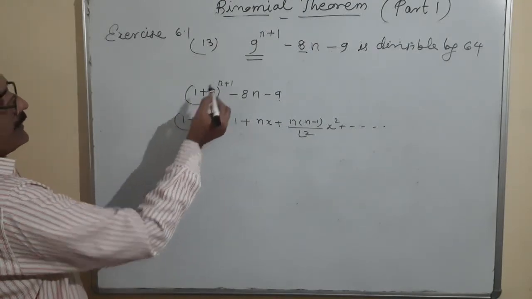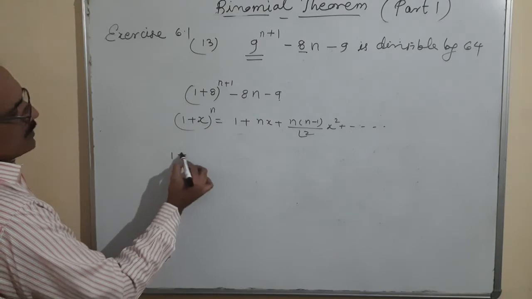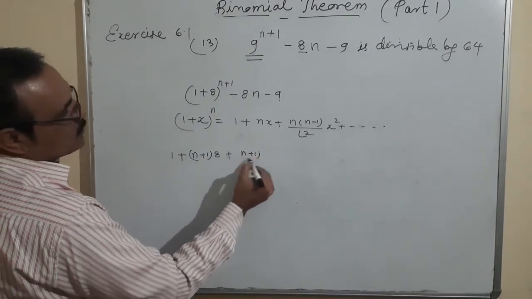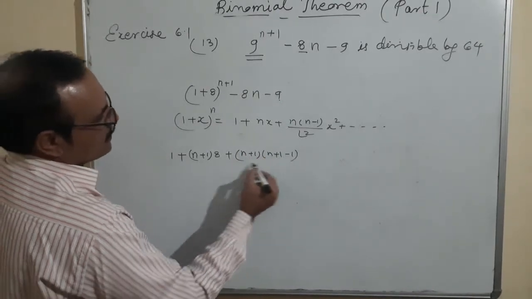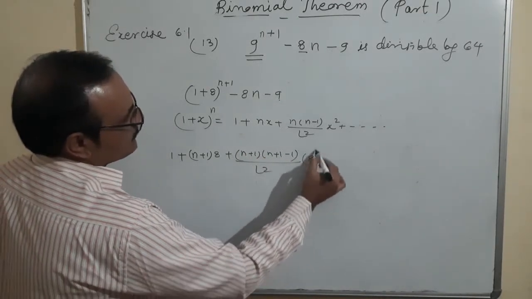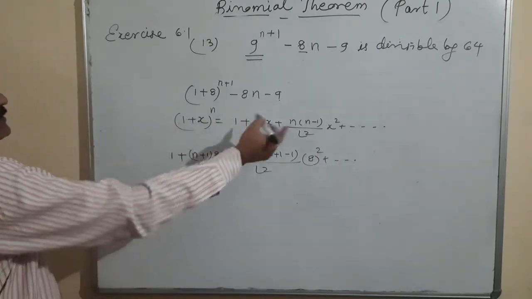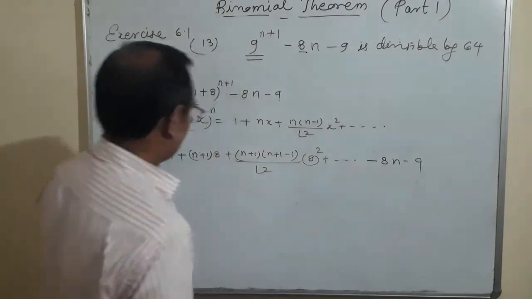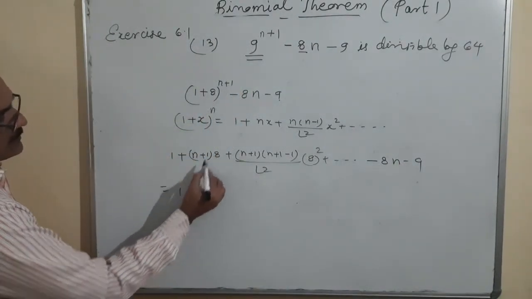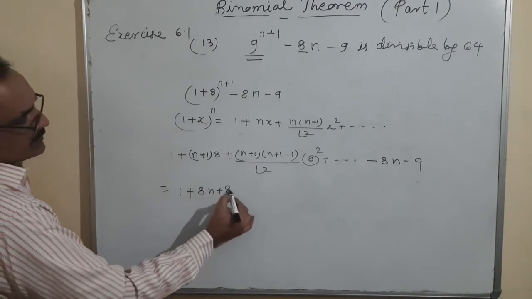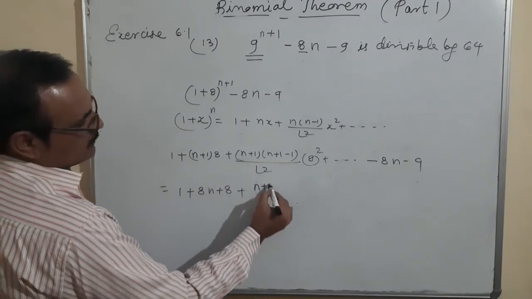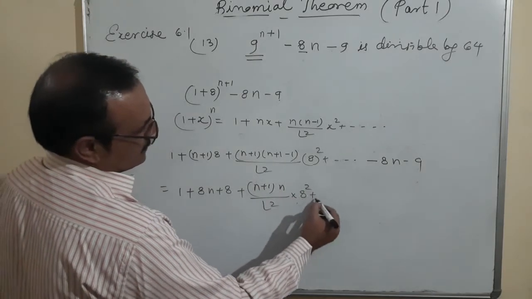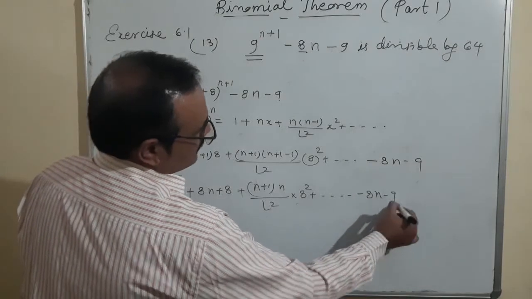(1 + 8)^(n+1) is 1 + (n + 1)·8 + (n + 1)n/2!·8² and so on, minus 8n minus 9. So this is 1 + 8n + 8 + (n + 1)n/2!·8² minus 8n minus 9.